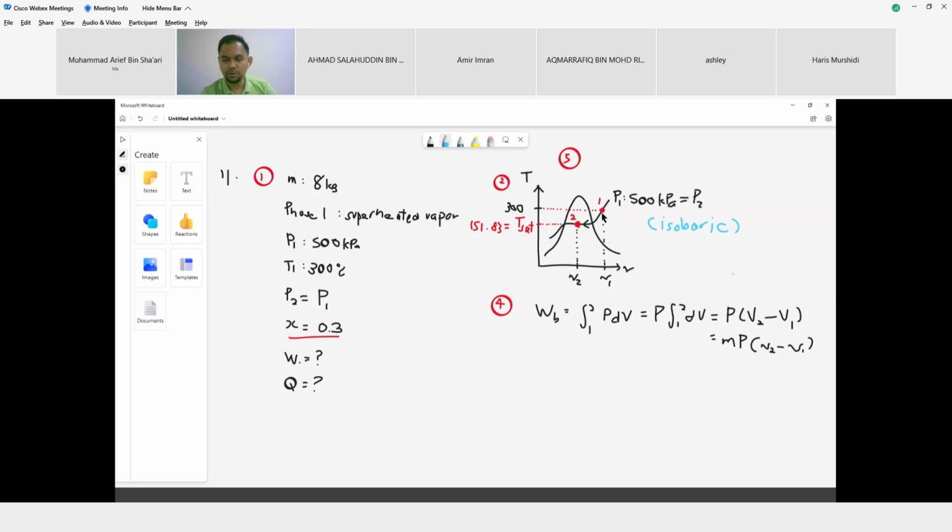Because we have learned before that volume equals m times small v. So please remember this equation.